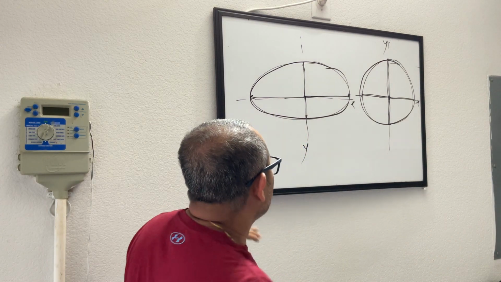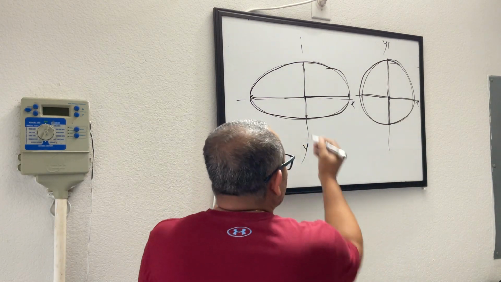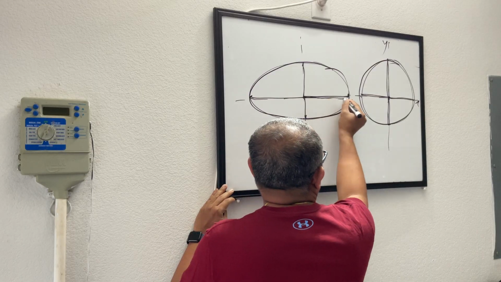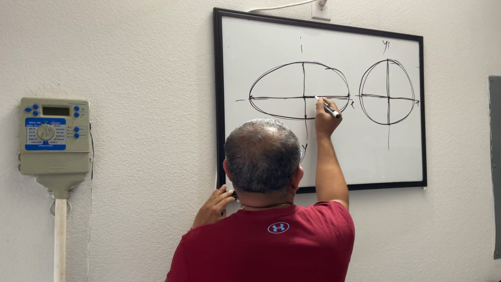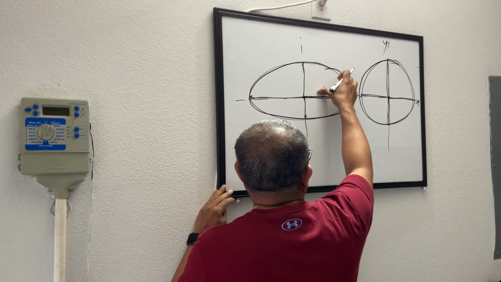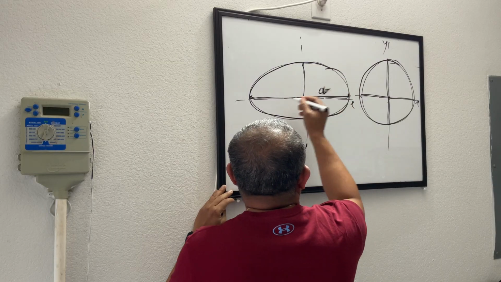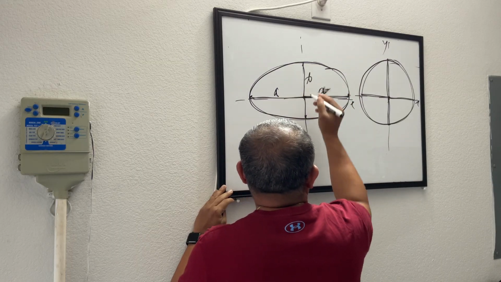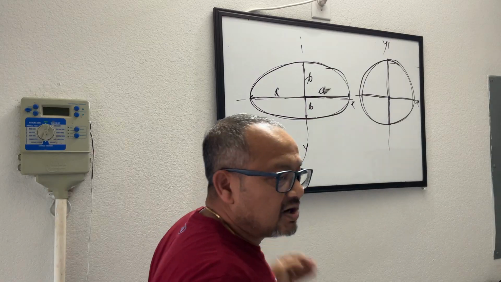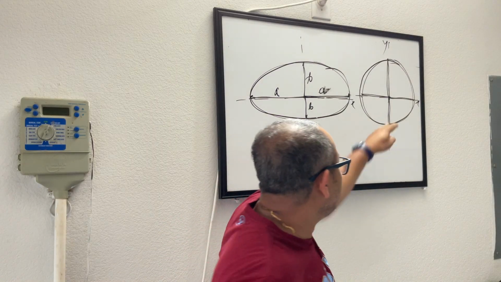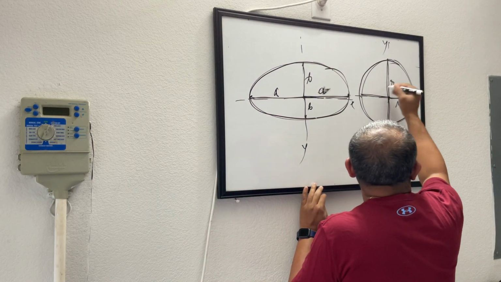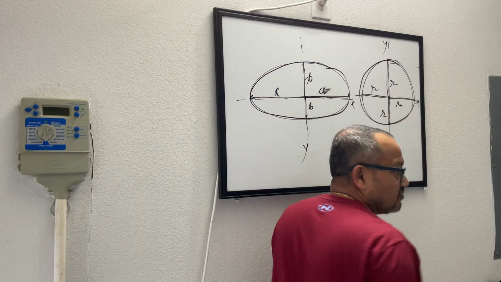Here in this case you are seeing 2 variants actually. You are seeing one radius along the x-axis, these two are same. If I call this A, this is also A, this is B, this is also B. So here we have only one radius. This is radius, this is radius, this is radius, this is radius.